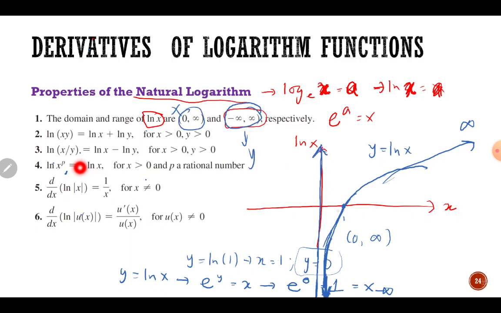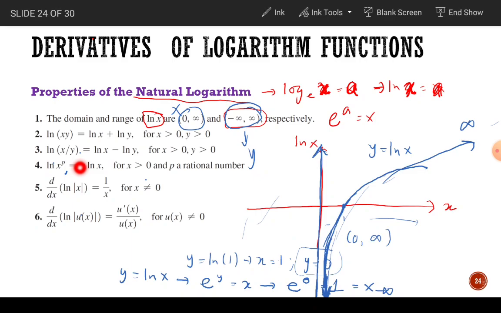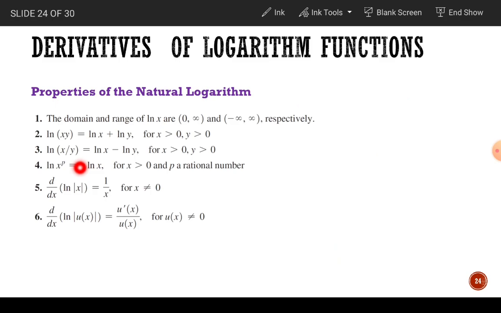Domain untuk x ni daripada kosong exclusive of kosong up to infinity. Kalau value y pula daripada negative infinity up to positive infinity. Bahagian ni dia tak ada value of the logarithmic function lah. Alright, so hope I make myself clear about this. Okay, settle dengan nombor 1 ni.